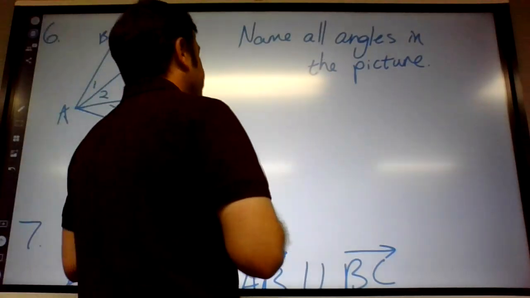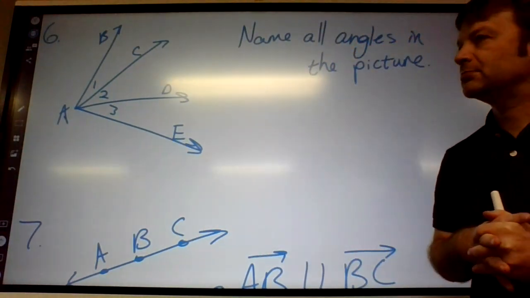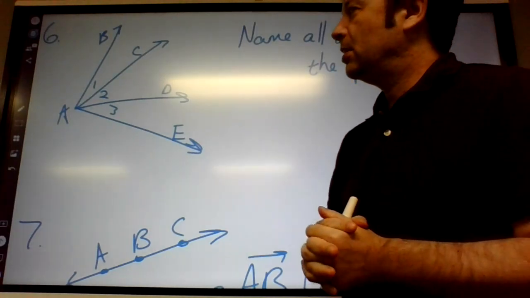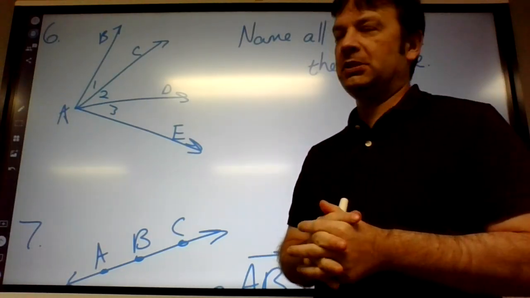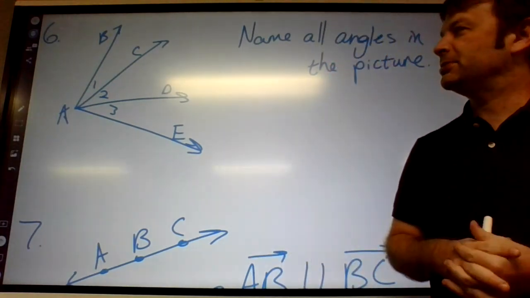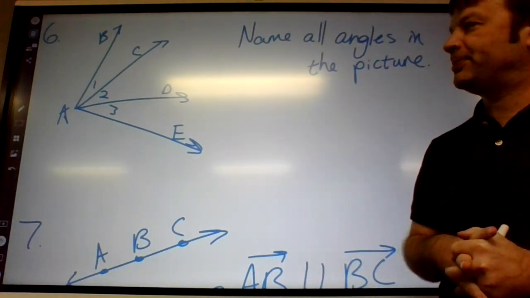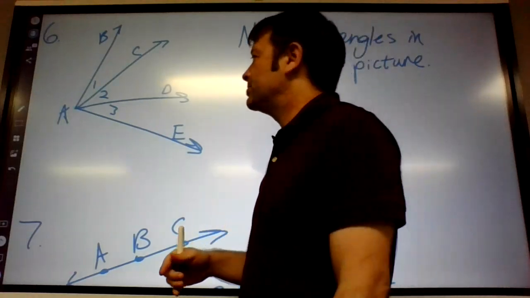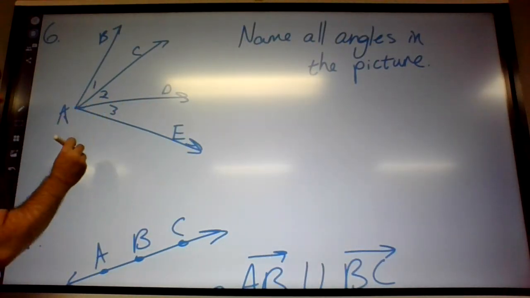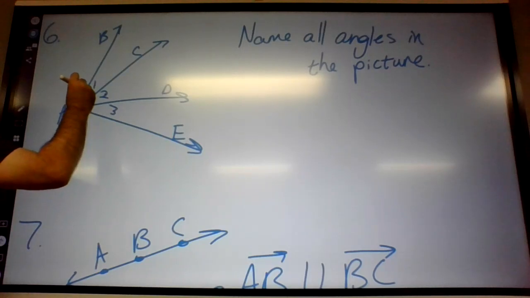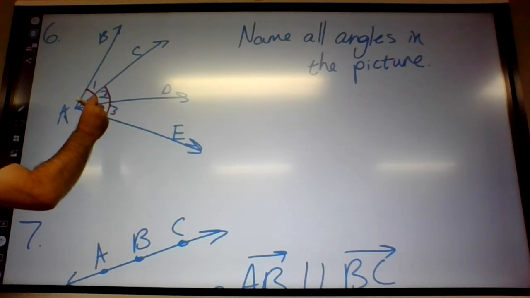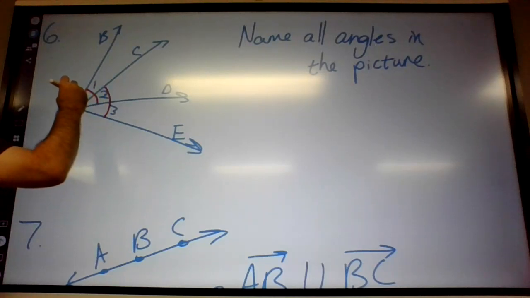Too many. Too many also. Yep, 6. Okay, so you might be saying the same angle twice, possibly. There's three little angles: 1, 2, 3. There's a medium angle here, medium angle here, and then the large angle.